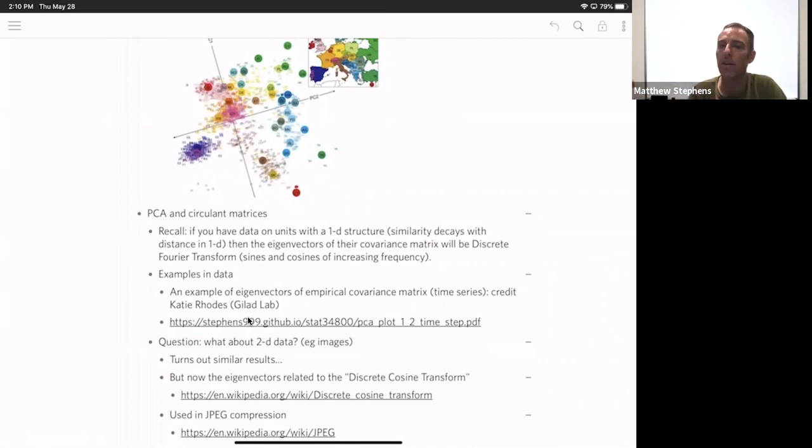But if you have data along a line where individuals that are closer together on the line are more similar to one another, that is, the similarity decays with distance, the covariance decays with distance, then the eigenvectors of their covariance matrix are the eigenvectors of the discrete Fourier transform.